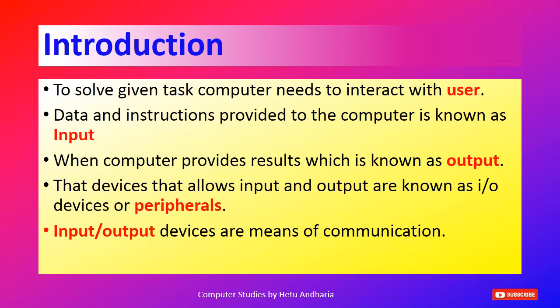This also could be asked in the MCQ. Input or output devices are means of communication between the user and computer. If there are no input-output devices, what is the use of computer? So this was just the introduction of the chapter. From here also at least 2 or 3 MCQs could be asked.